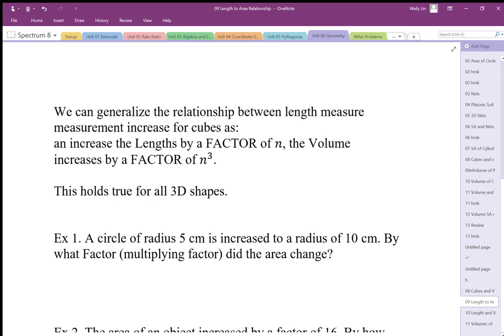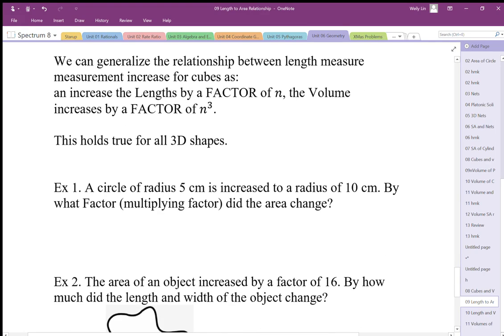So I have a circle with radius 5, and it increases to radius 10. Okay, so that's double the length, the width, and the height. By what factor does this area change? Well, it looks like I could fit about 4 times.